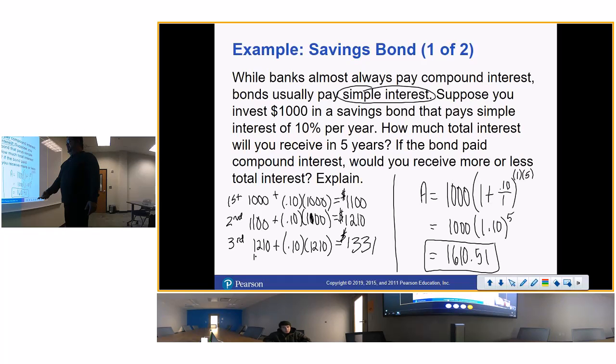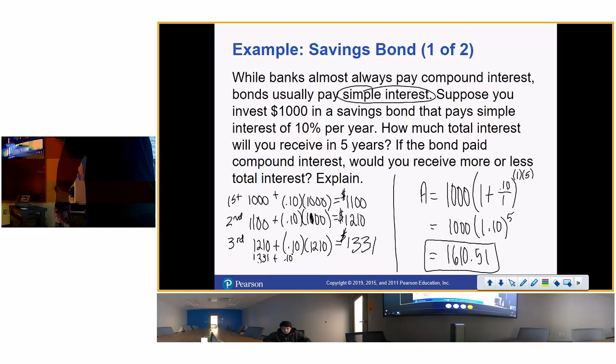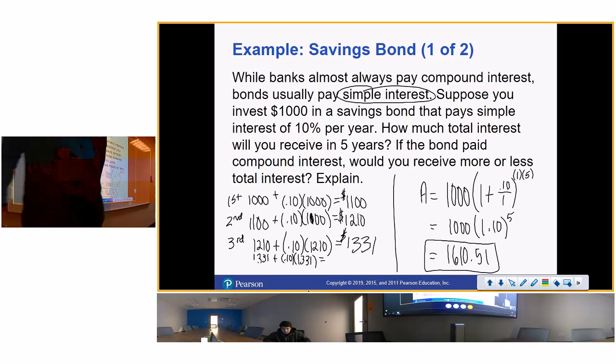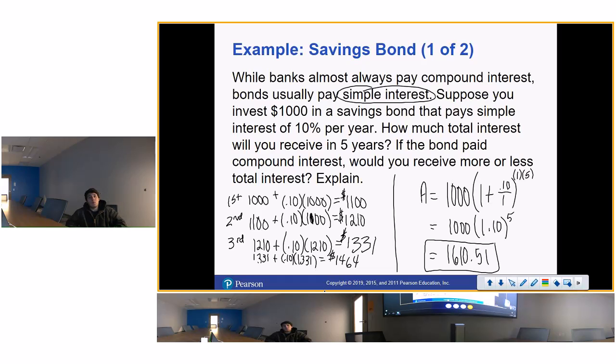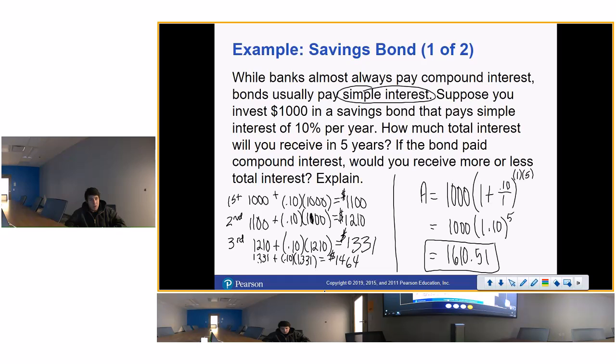Let's just go ahead and do it. 1331 plus 0.10 of 1331. And that's equal to 1464. Somebody check me. It's 1464.1. How'd you get 0.1? I really don't know. Okay, we'll just leave it at 1464.